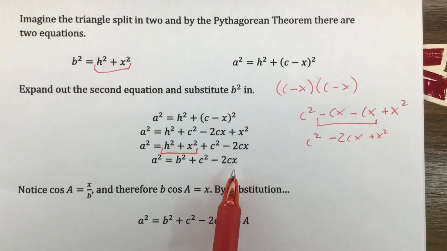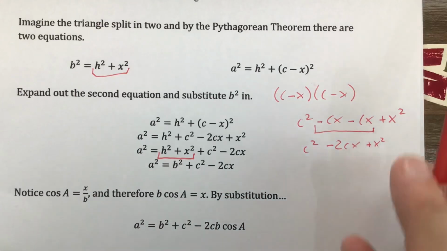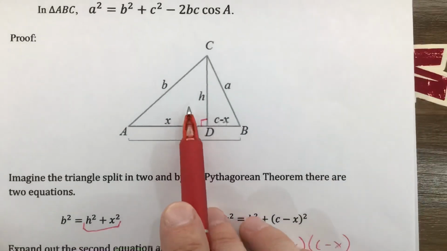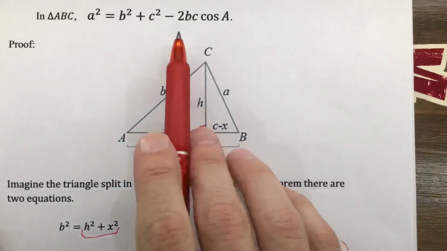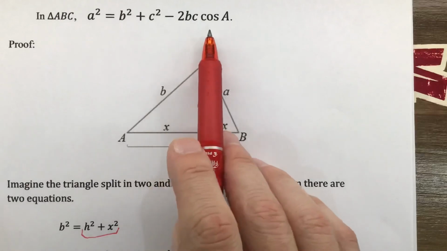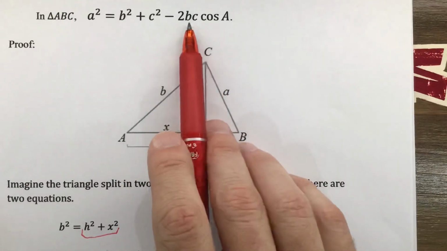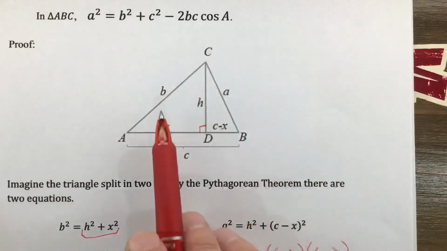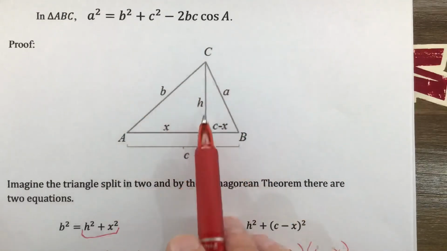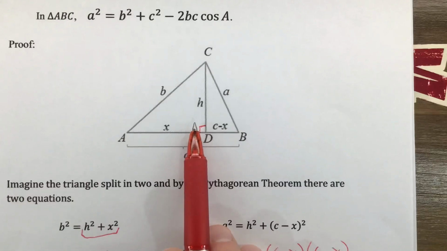All right, so the last part of this, we go back up to the picture. We've got an x in the equation, but what we want to have is a b and a cosine a. So if I look at the triangle on the left, it involves all the things I'm talking about.